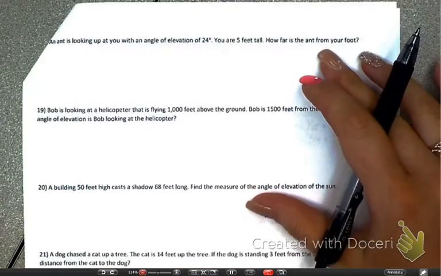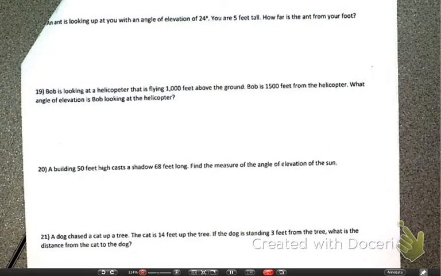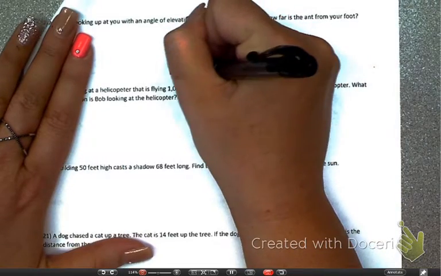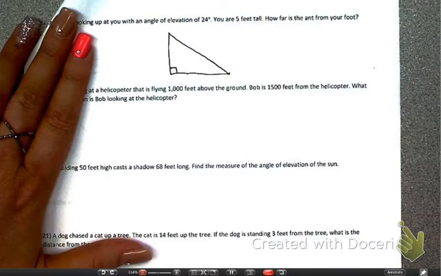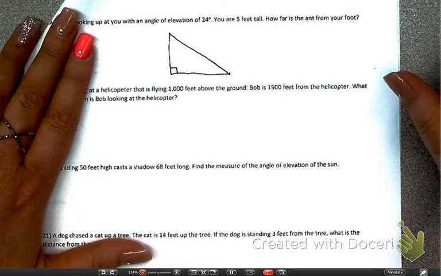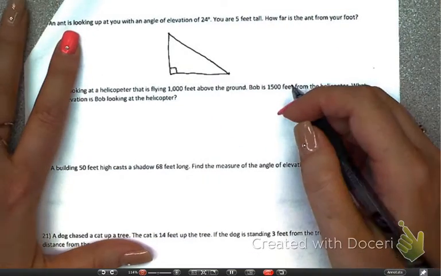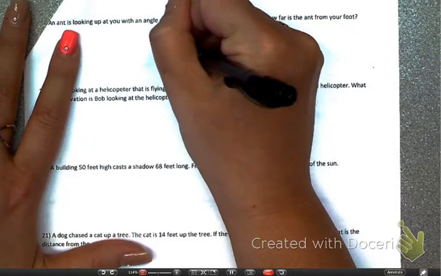Okay, word problems. It's going to look exactly like this tomorrow. You have to draw the triangle. Now, you should know that automatically, before you even start reading, you're going to have a right triangle. You don't have to read anything to know that. Okay, so an ant is looking up at you. So here you are.